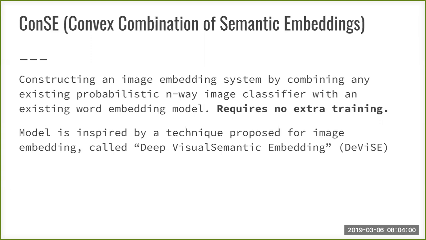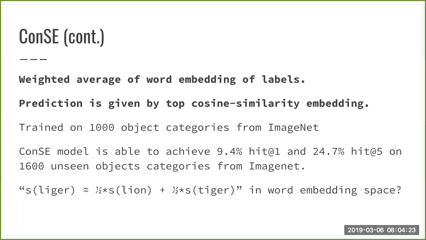So basically, there was another network called DeViSE that is very similar to this, except the authors would actually train the explicit word representation, like the word embedding, as an output of the first network. And then the approach is exactly the same. So the way it works, you get the predictions from the network, and you get the word embedding of the labels.